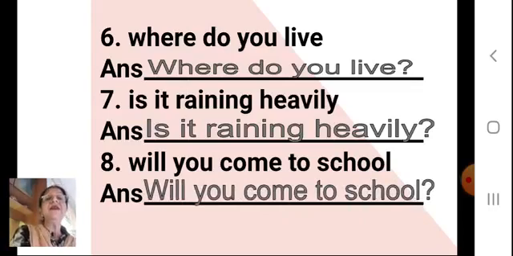We have started with capital W and we have ended it with a question mark after school. Why? Because we have asked a question. Will you come to school? Yes. So, complete this activity, children. Yes? Very good.